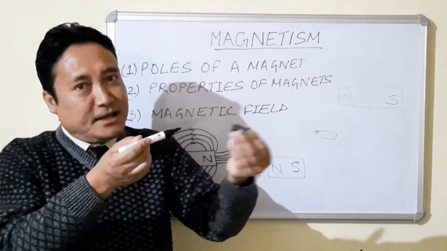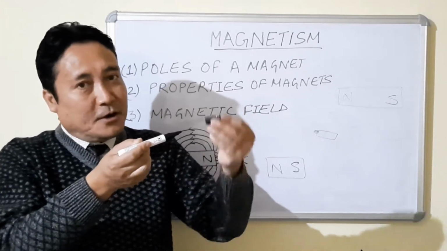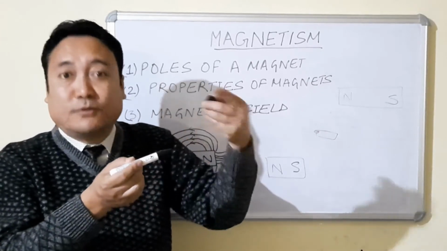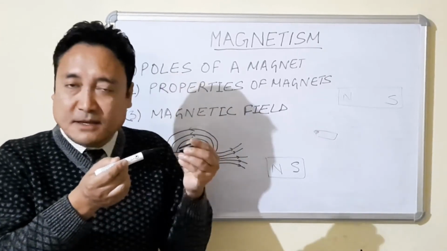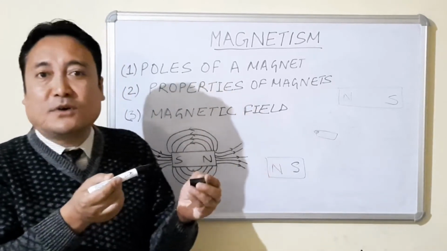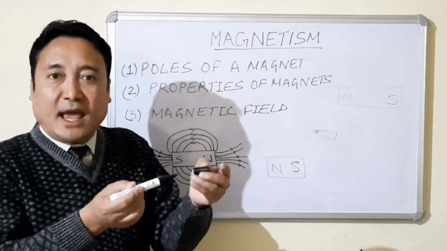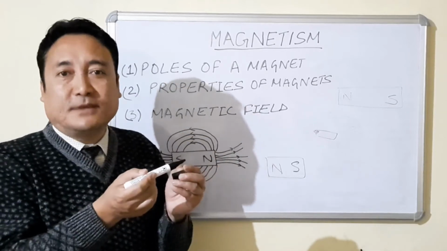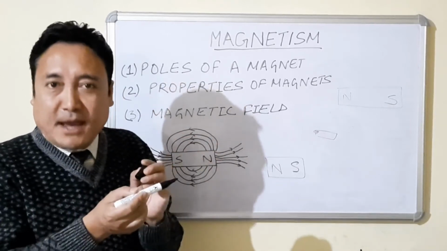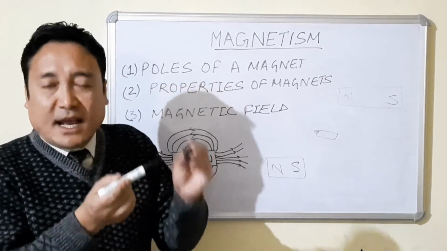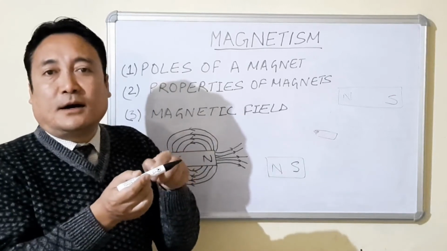So why is that iron attracted to the magnet? Because in the space around the magnet, there is some force acting, and that force we call the magnetic force. The magnetic force exists around the poles of the magnet.